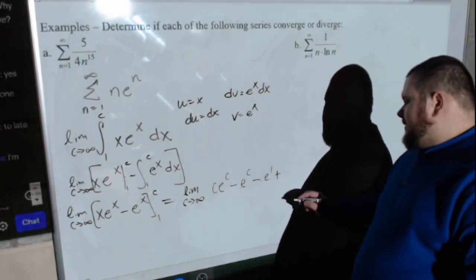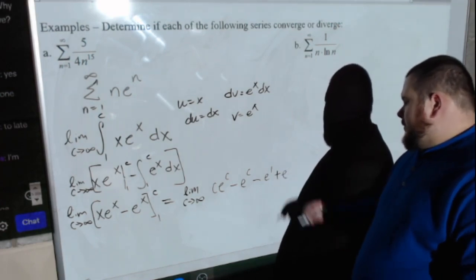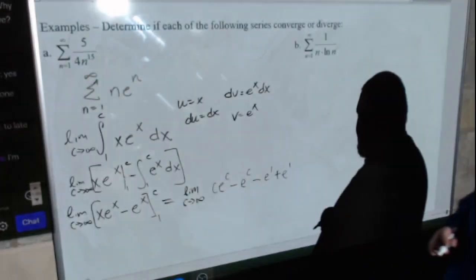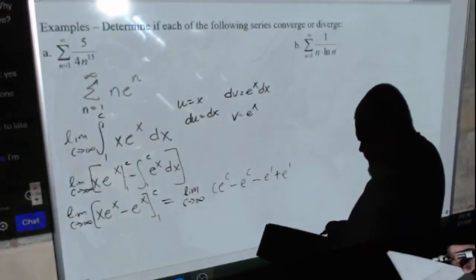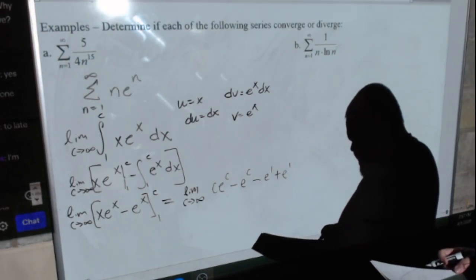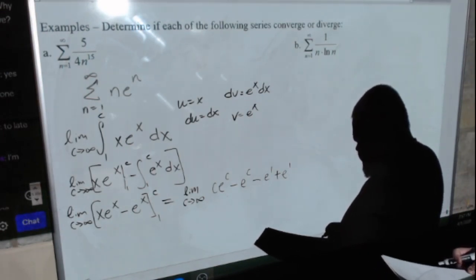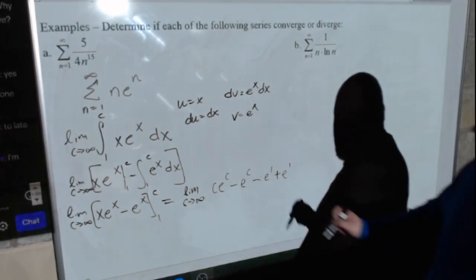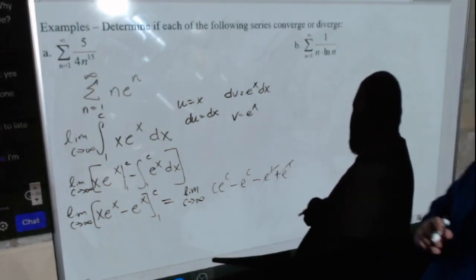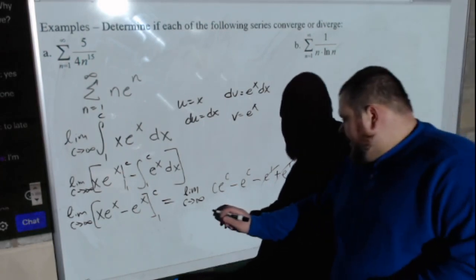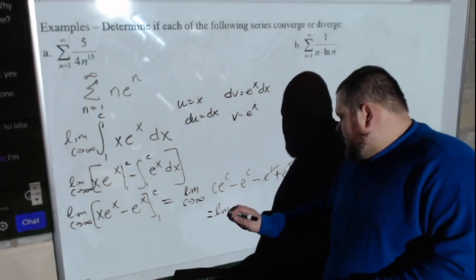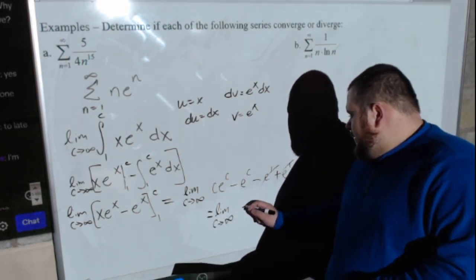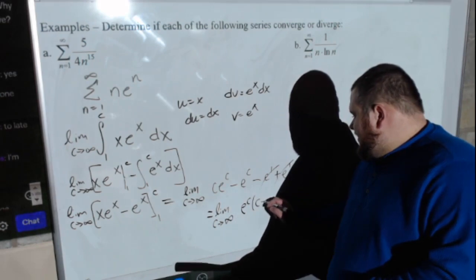That would become plus e to the 1. So those last two there are going to cancel. And then I want to rewrite this as the limit as c approaches infinity of e to the c times c minus 1.